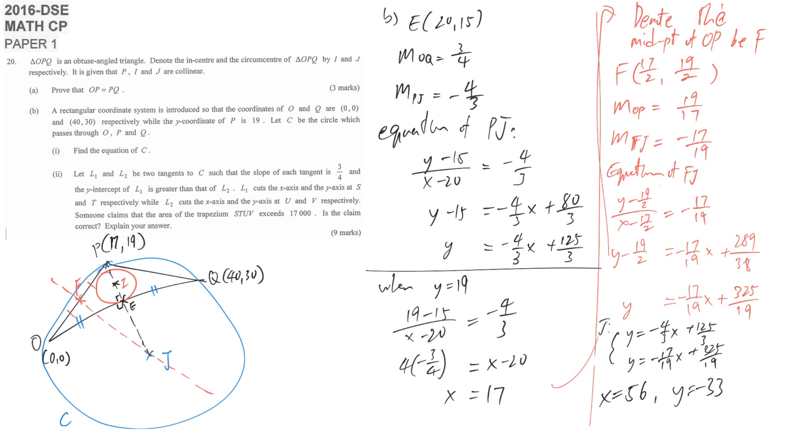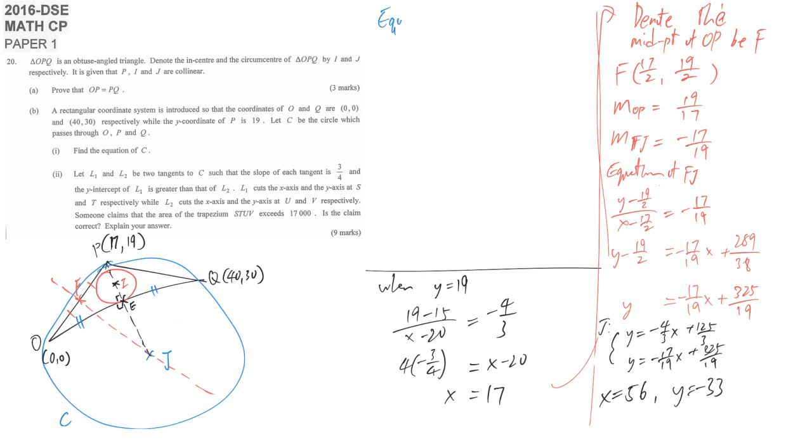So we can find the equation of C now. (x minus 56) squared plus (y plus 33) squared is equal to 4225, or 65 squared. That means the radius is 65.